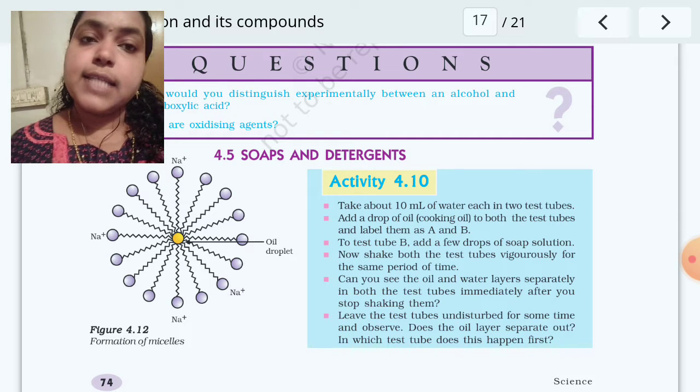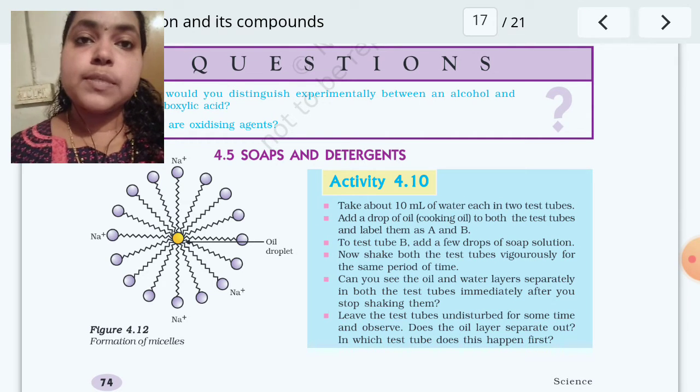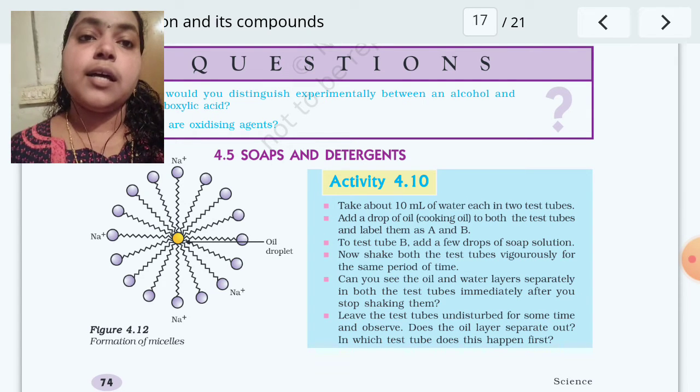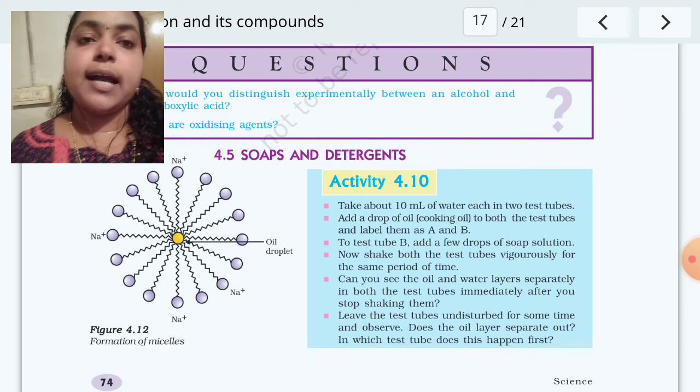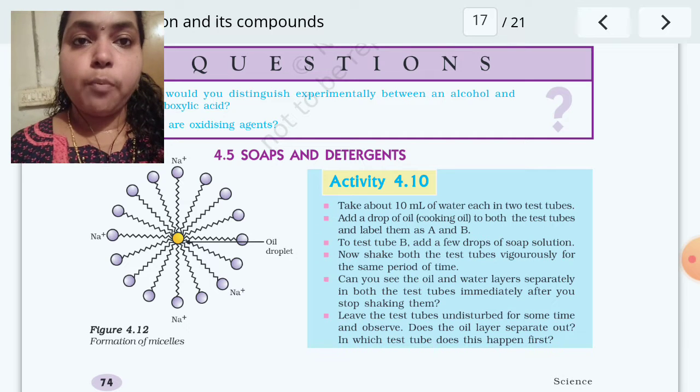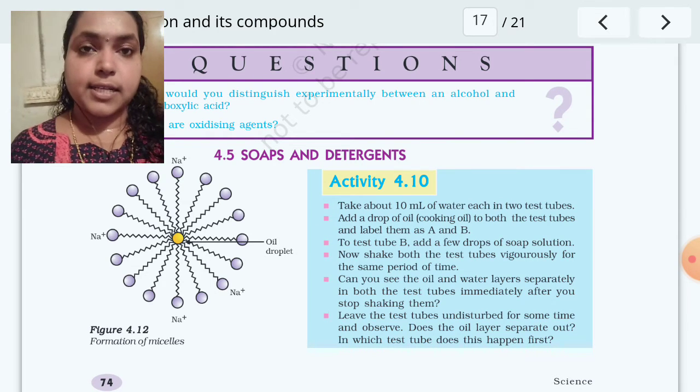Then, the second thing is that soap molecules have two parts. They are the hydrophobic end and the hydrophilic end.